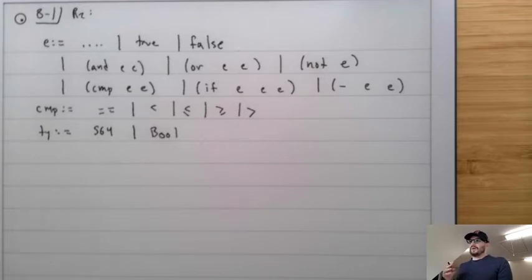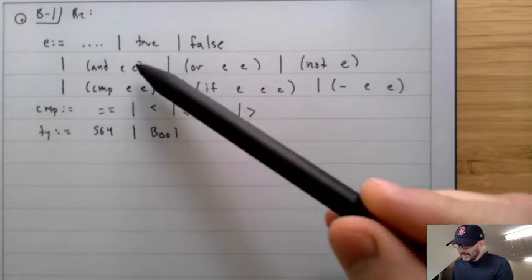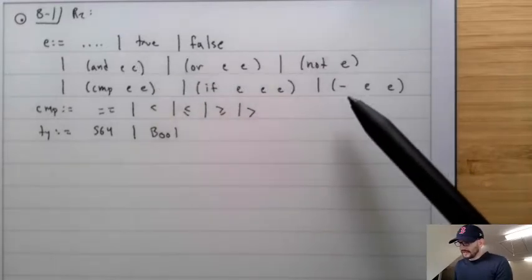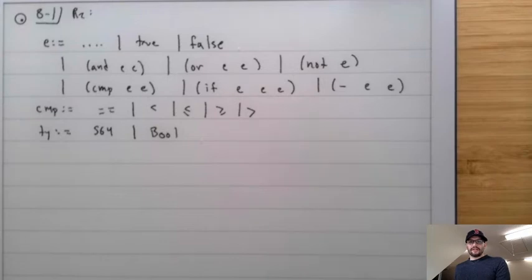Now, there's sort of two things that we want to talk about next. We want to talk about how to extend the interpreter and how to enforce the type system. And I want to make a little note that we can actually simplify and, or, not, and subtraction into other things if we want. So what do I mean by that?